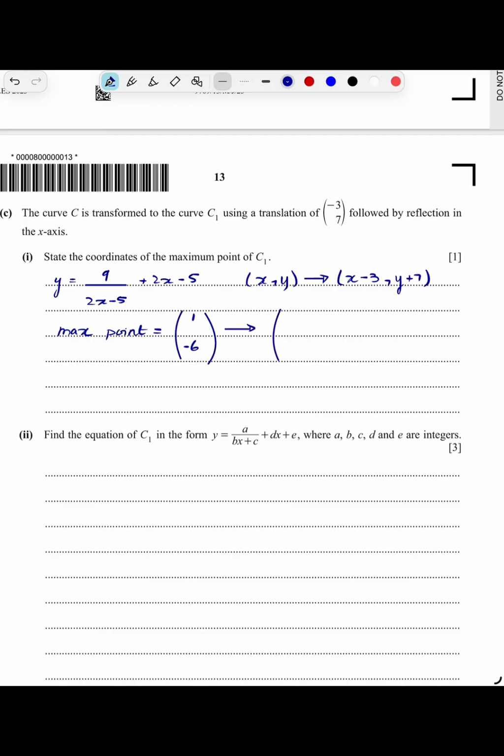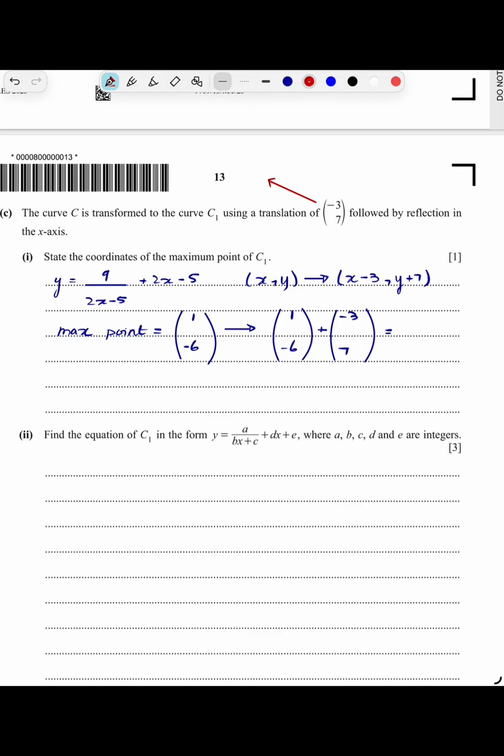Remember, a translation is a shift, so you just add the shift, minus 3, 7. Basically, the x coordinate 1, we have to subtract 3 from it, because we can see, let me just write a small note over here.